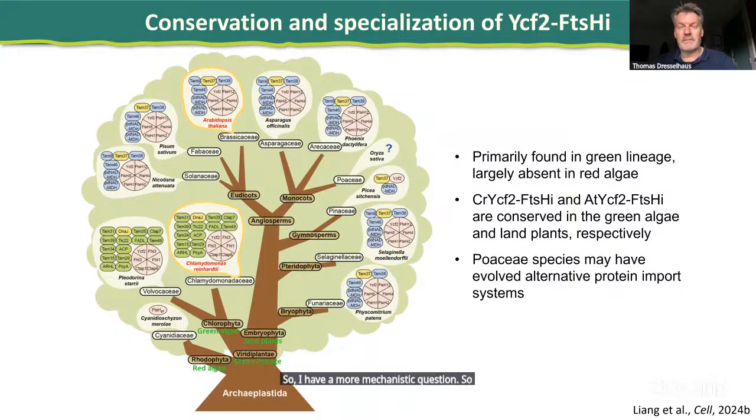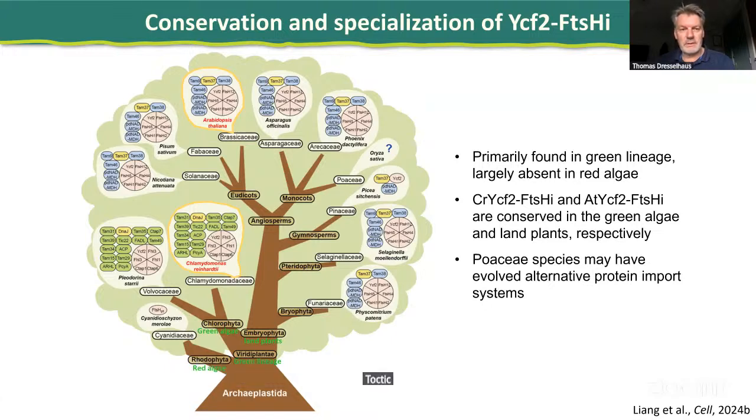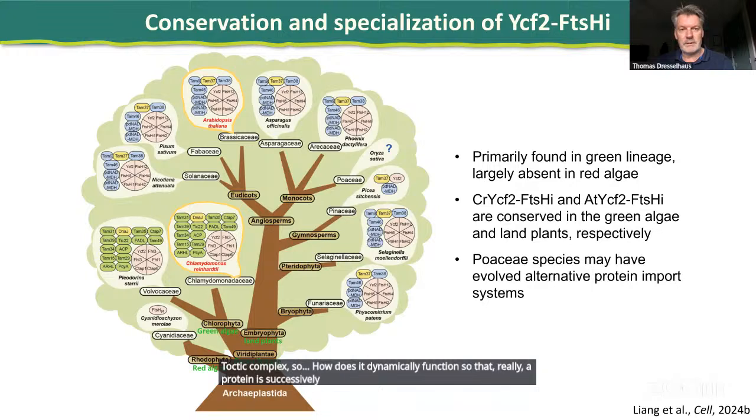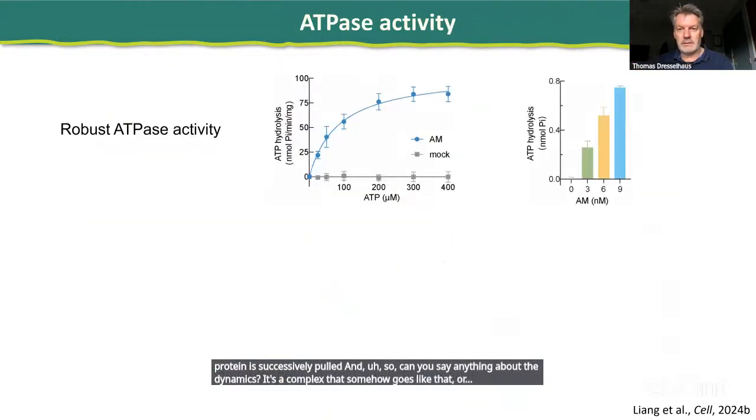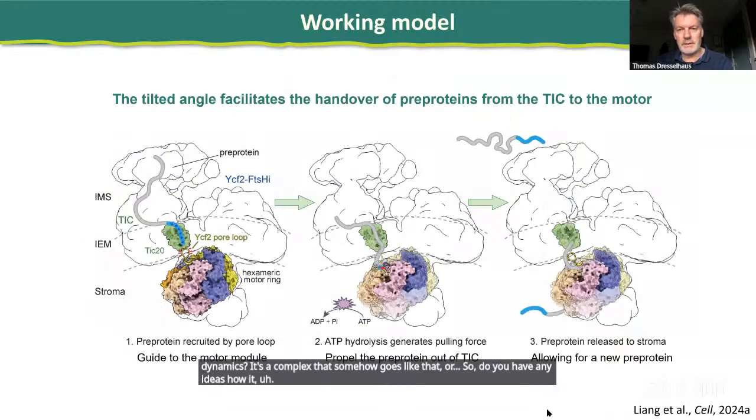So this AAA ATPase complex, which is necessary to pull the protein through the TOC-TIC complex, how does it dynamically function so that a protein is successively pulled? Can you say anything about the dynamics? Is it a complex that somehow goes like that? Or do you have any ideas how it pulls the protein in the end?